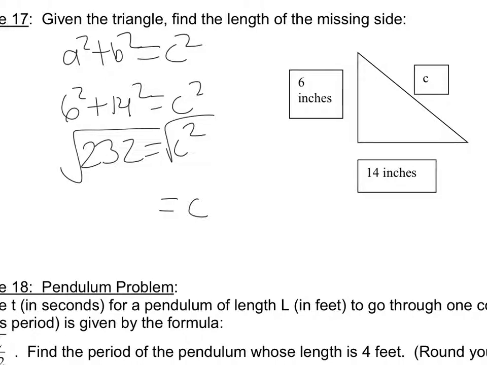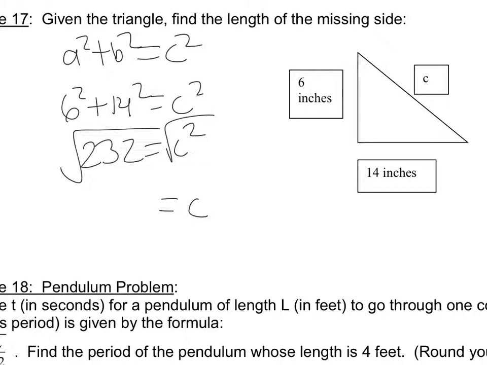And now what we need to do is simplify the radical. So 232 divided by 4, okay, is 58. Why did I use 4? Because that's a perfect square. Can I divide that by 4 again? No. So you've got to see, though, can you actually simplify it more?